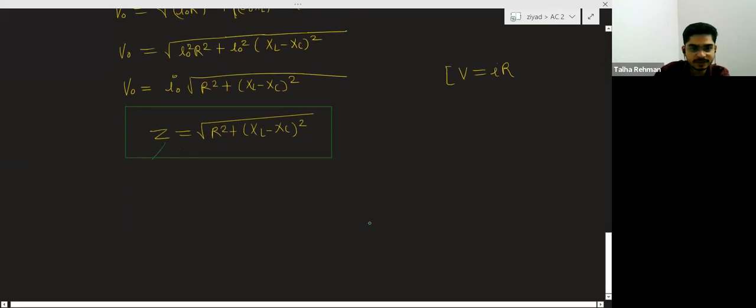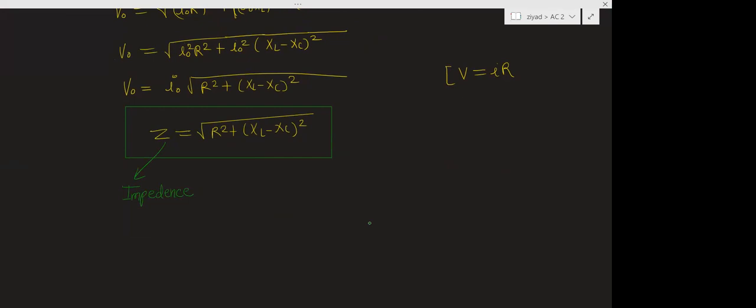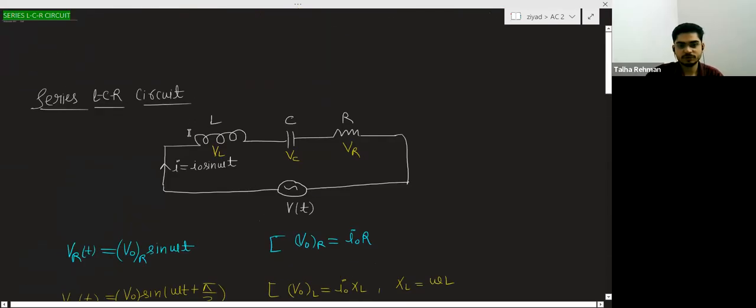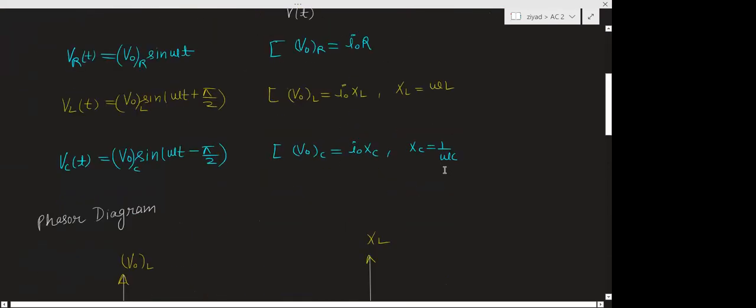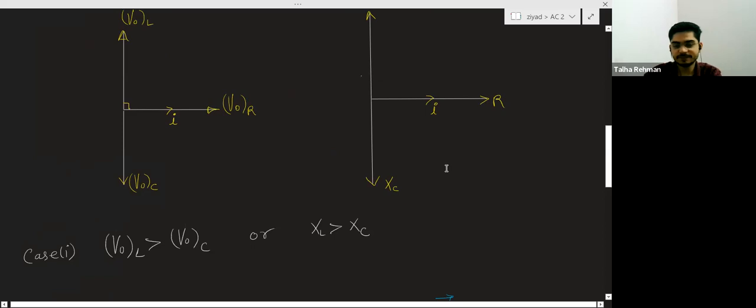Now what is this Z? Z is the impedance of the LCR circuit. Okay, sir. Because this is an LCR circuit. So this is the impedance. This chapter is easy, but at the same time, previous things will be used.